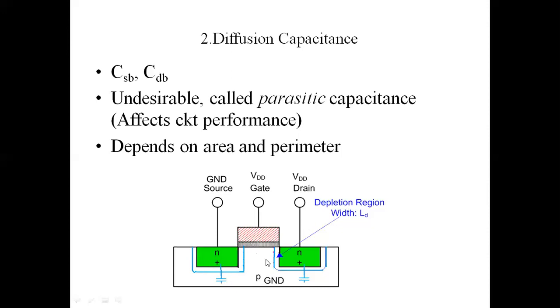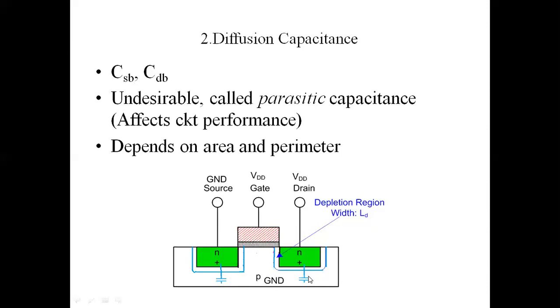As there are two n-type materials, these are separated from the body by the depletion region. With respect to the body terminal, there are two capacitances present. The first capacitance is present between the source terminal and the body terminal. This is called CSB, the capacitance present between source and body.